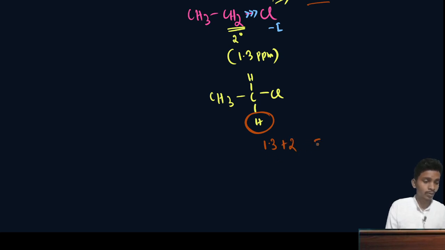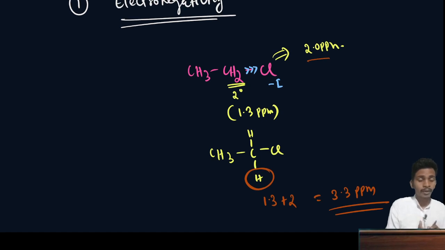Okay, so the total is going to be 3.3 ppm. So if electronegative groups are present near any 1 degree, 2 degree, 3 degree, or any atoms, then that will affect the chemical shift values. That is, we have to add the increment it will cause. So that is one factor: the chemical shift is affected by electronegativity.